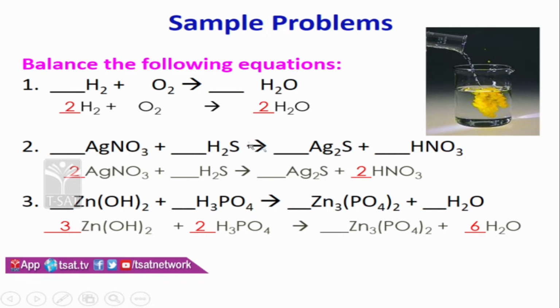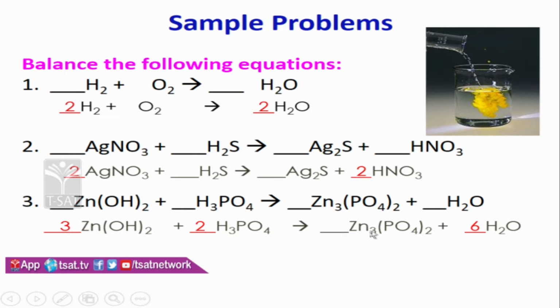According to the first rule, we have to give less priority to hydrogen and oxygen. So, here zinc is there. First, let us balance the zinc. On the left hand side, only 1 zinc atom is present. On the other side, in products, Zn3 is given. So, we cannot change this subscript as we discussed earlier.